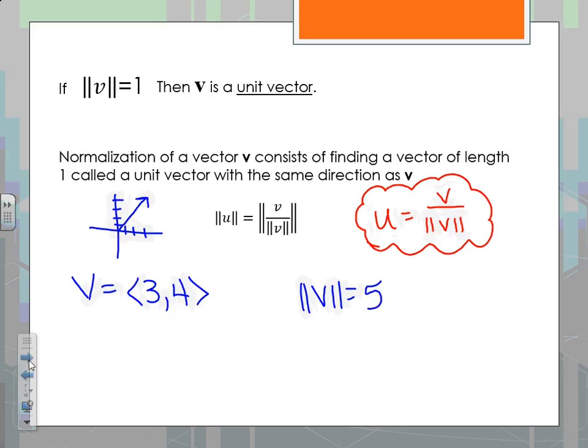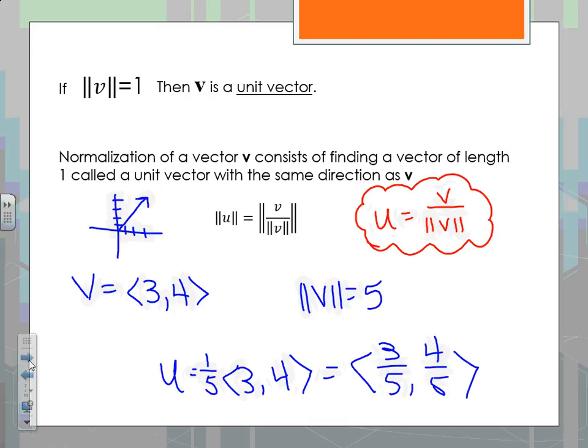Which means if we want a unit vector in the same direction as 3, 4, we just take 1/5 times the vector 3, 4 to get 3/5, 4/5. We can easily see that 3/5 squared plus 4/5 squared is going to give us 25/25ths, which is 1. Square root of 1 is 1. That is a unit vector that is going in the same direction as 3, 4.